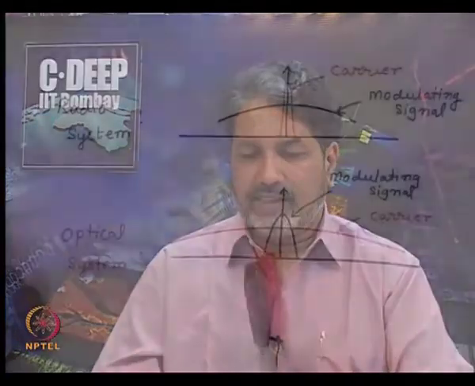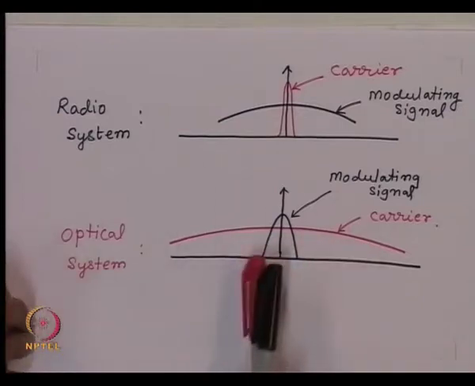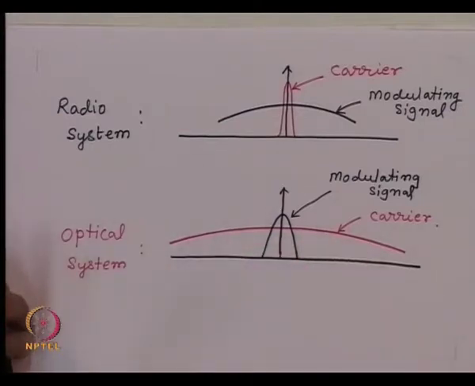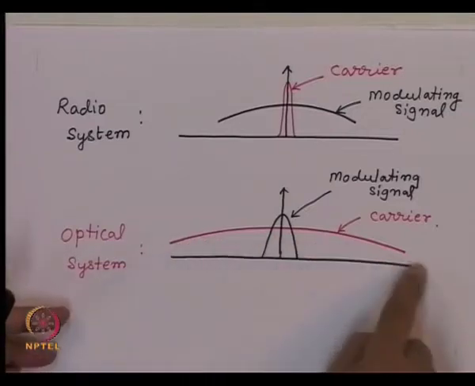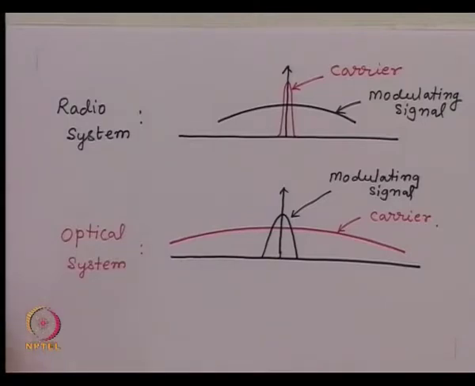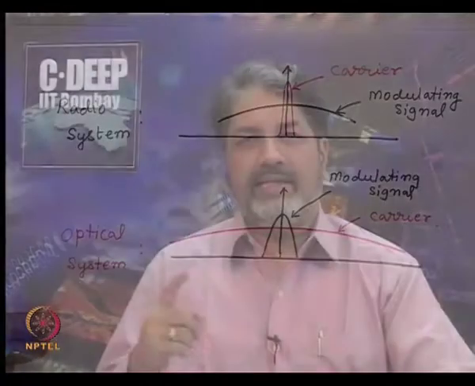So, if I want to now visualize this and see how the signal will get distorted in this system, the only possibility is that I can consider this carrier as a combination of many carriers which are simultaneously transmitted on the optical fiber.